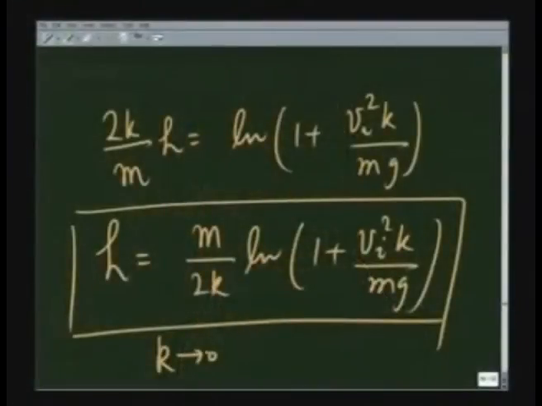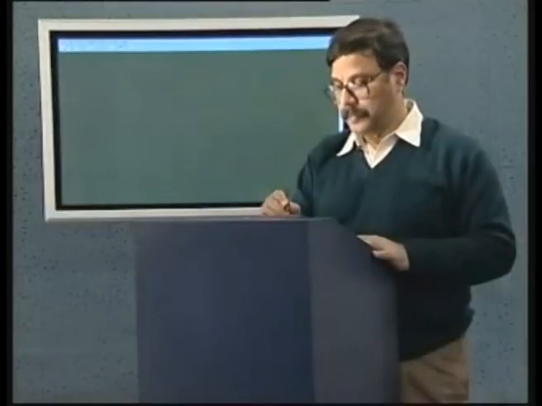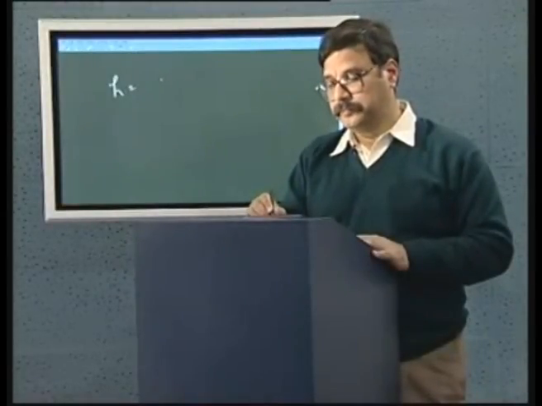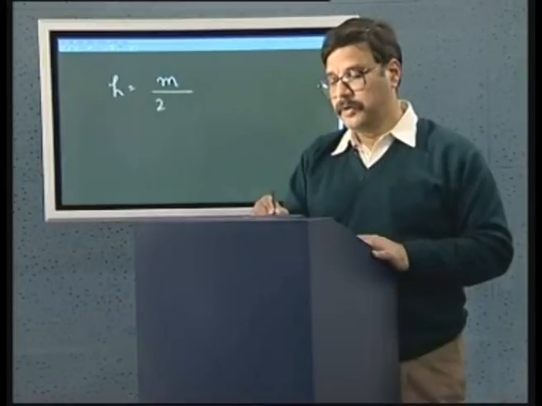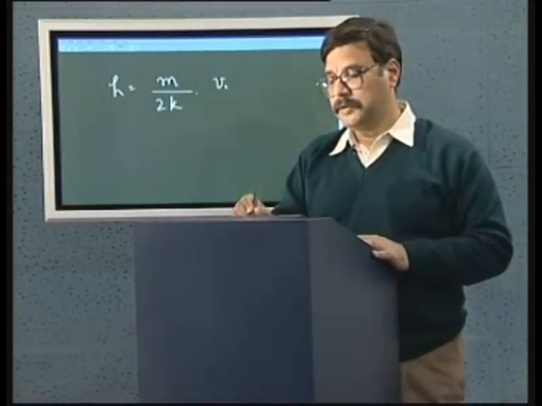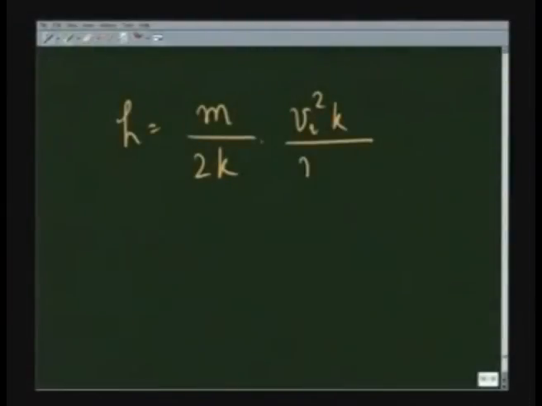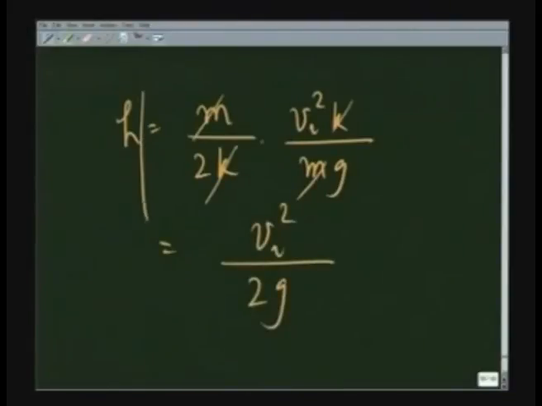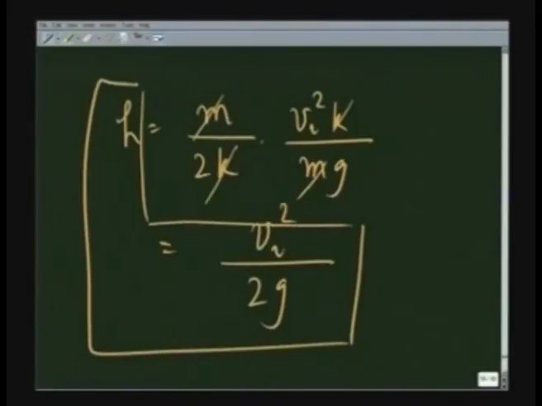Again, I'll go back to the limit of k going to 0 and see if my answer is correct. When the limit k equal to 0 is taken, I can expand the log term and write this as v initial square k over mg, and therefore the height that I get is h equals m over 2k times v initial square k over mg, which is our familiar result from your previous classes.